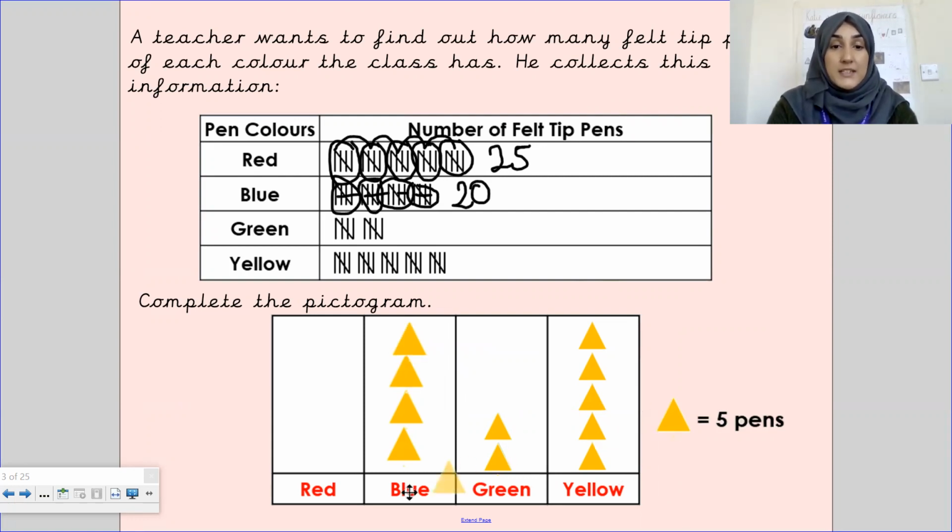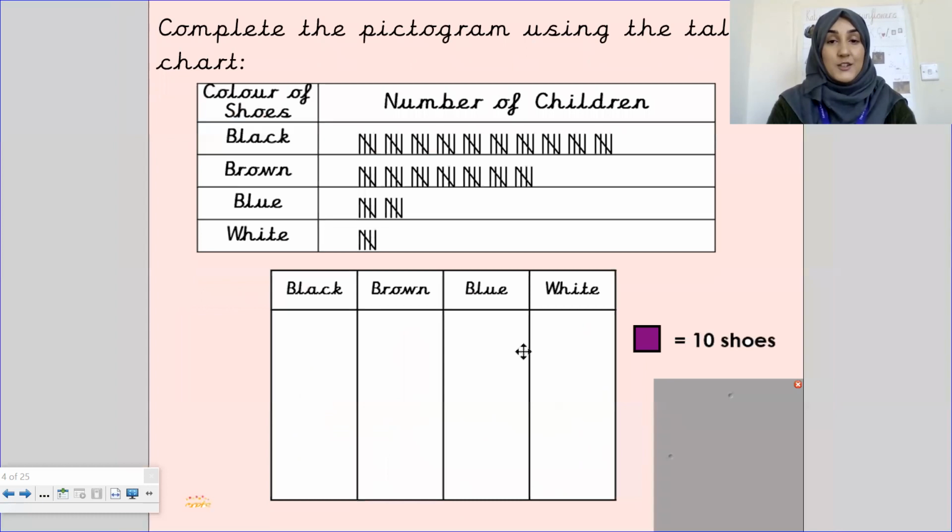The next one is 25. I'm going to put it at the bottom so it fits. 5, 10. There are 25 red pencils. So that I've now got 15. I now have 20. And I now have 25. Fantastic. We have completed the pictogram.